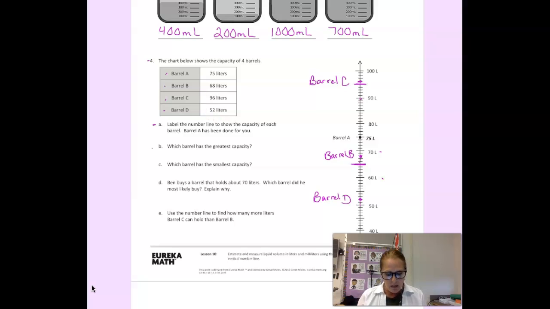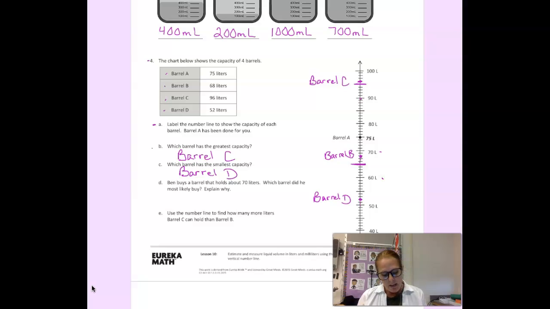Whichever way you do it, you're going to get barrel C having the greatest capacity at 96 liters. Letter C says, which barrel has the smallest capacity? I can again look at my number line and compare that, or I can look at the numbers on the chart and compare those. And either way, we should get that barrel D has the smallest capacity.